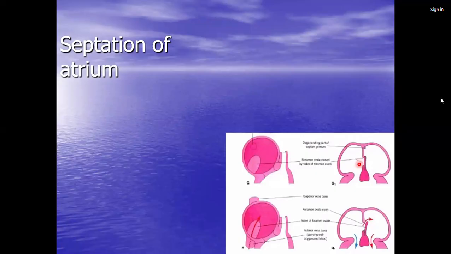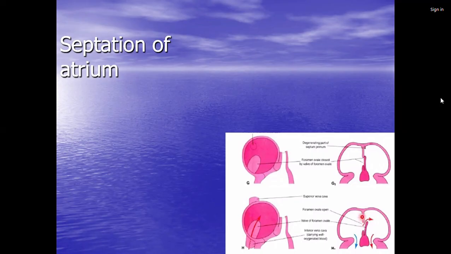And immediately before it attaches to the cushion at the atrioventricular canal, we have a second septum, which we refer to as the septum secundum.